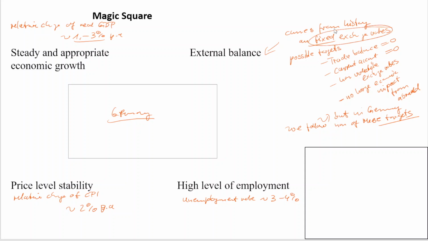Because, well, you can say if you have fixed exchange rates, then it would be a good idea to have a balanced current account or trade balance, because otherwise you always have to intervene when you have push on your exchange rate.